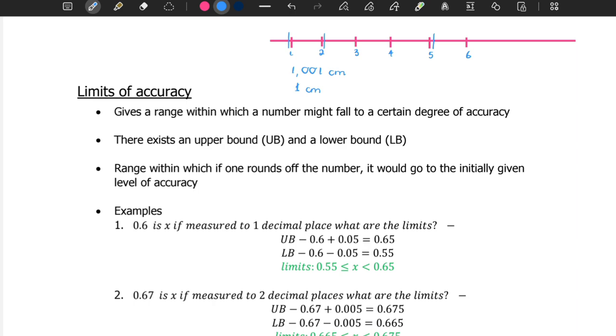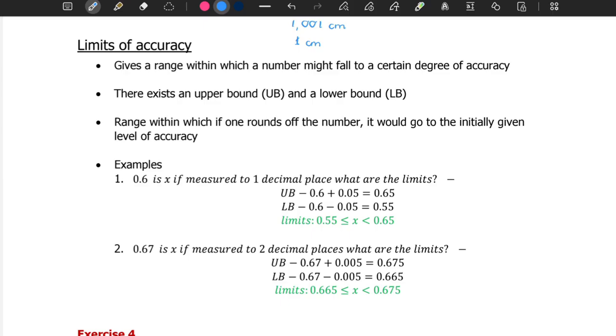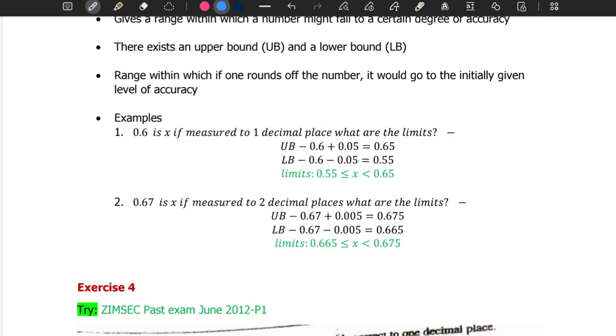So limits of accuracy gives a range which a number might fall within to a certain degree of accuracy. Sometimes there exists an upper bound and a lower bound, to say if you round this up or down, you end up within this range. So if you have 0.06, 0.06 is x if measured to 1 decimal place.